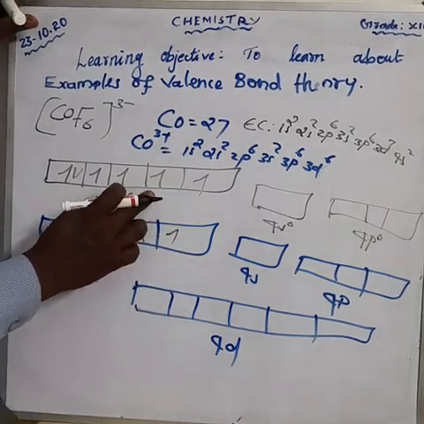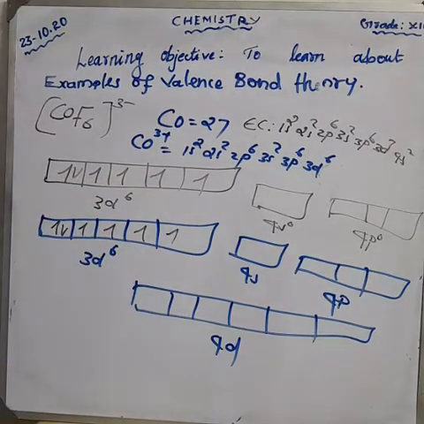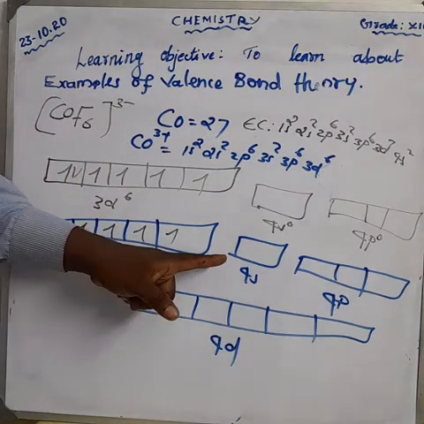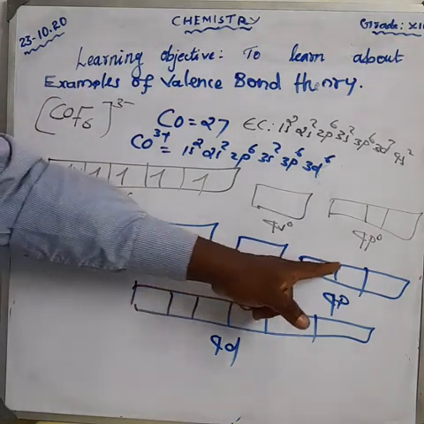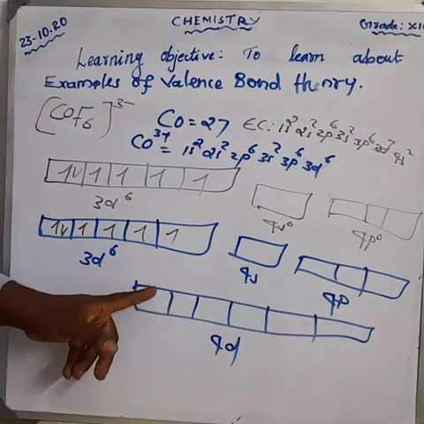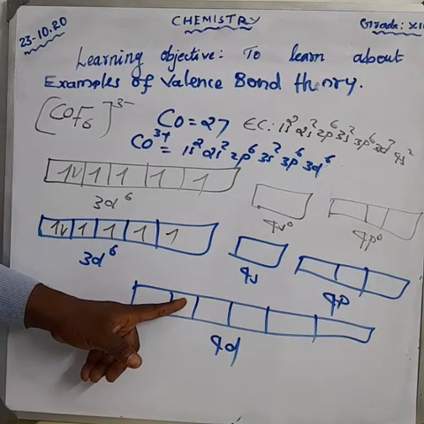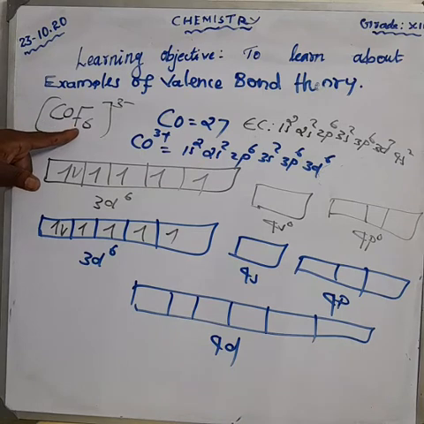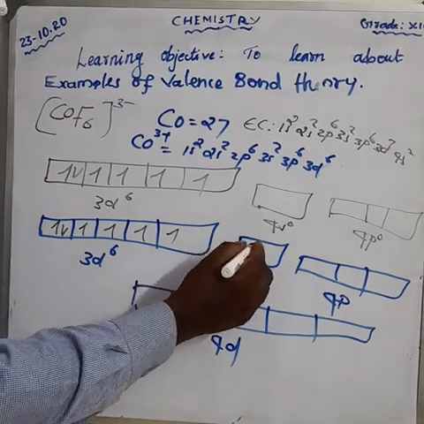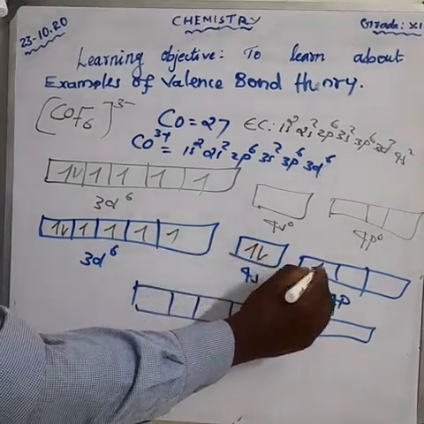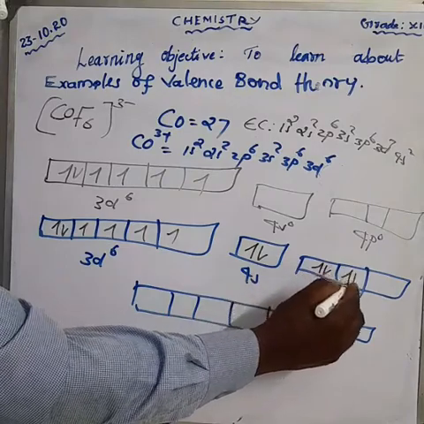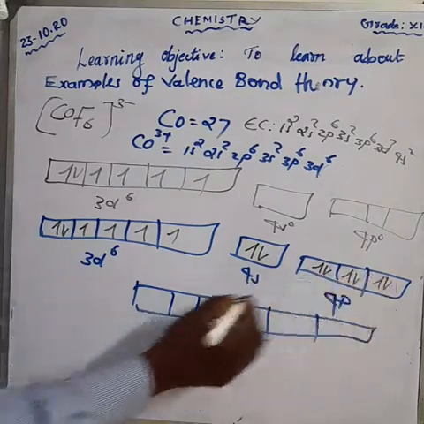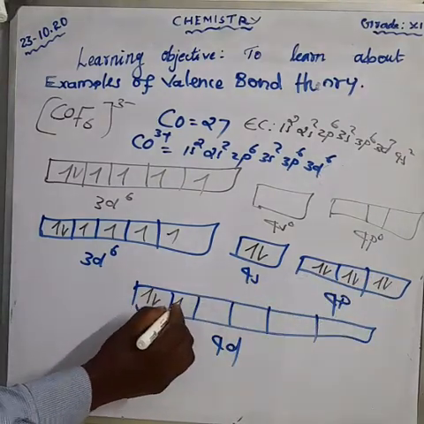This is over. How much vacant is there? 1, 2, 3, 4, 5, 6. Here there are 6 fluorine atoms. One fluorine atom is attached here, second fluorine, third, fourth, fifth, sixth.